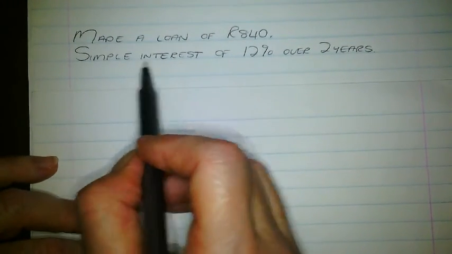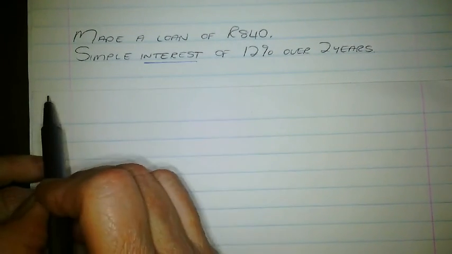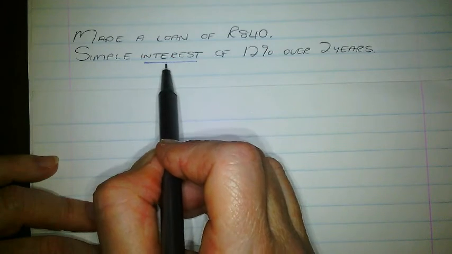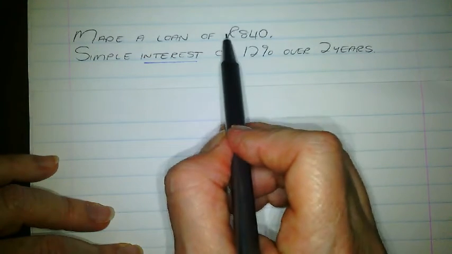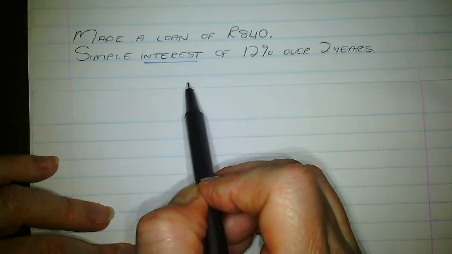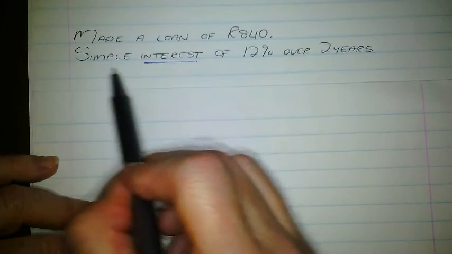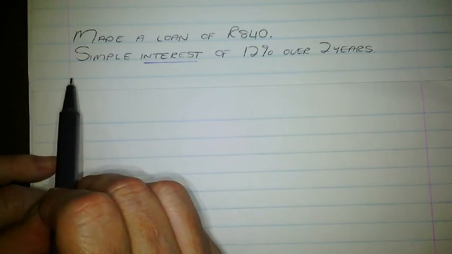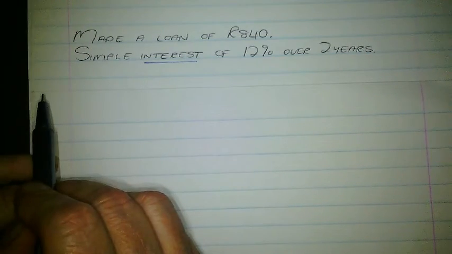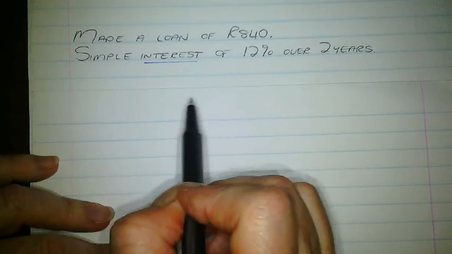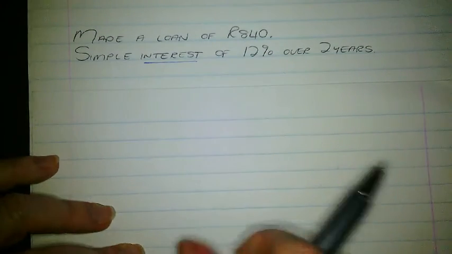In other words, the interest you have to calculate is the extra amount that I have to pay back on top of the 840. So there's a lot of information that we have to combine to get to an answer, and I'm going to show you according to this example.